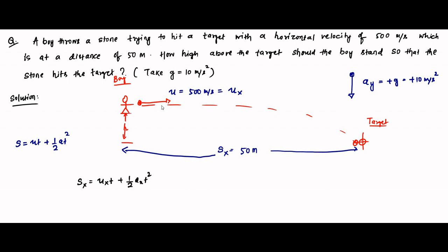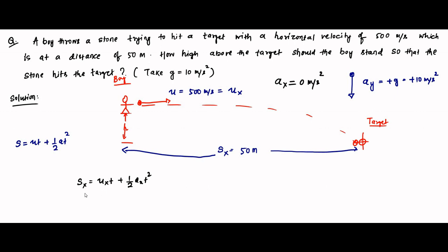Here there is no acceleration component along the horizontal direction. So simply ax is equal to 0 meter per second square. ux is this much. We have to calculate the time, or the time of flight.